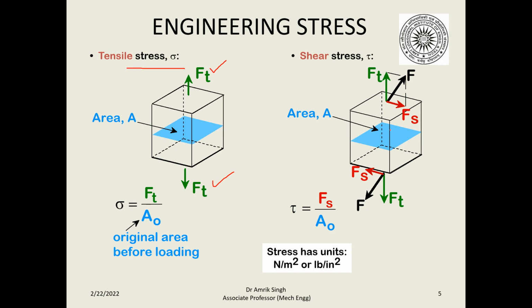Okay, the cross-sectional area is same. So you see on this side it will be on the opposite side. So the shear stress will be Fs upon A0. Okay. So the stress has the unit Newton per meter square, or, which we don't use nowadays, pound per inch square.